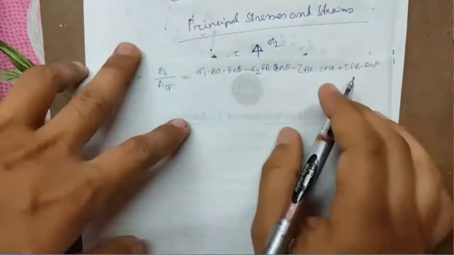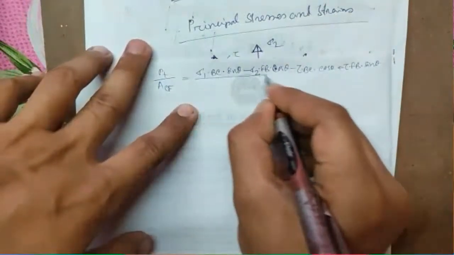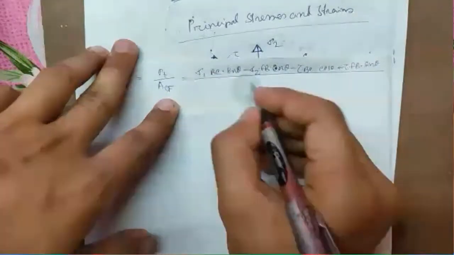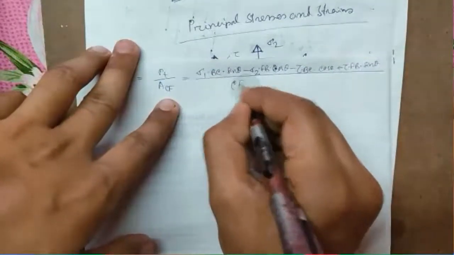We are just putting in the values we have found out earlier. Now, the area of CF is basically CF into 1, as it is of unit thickness.